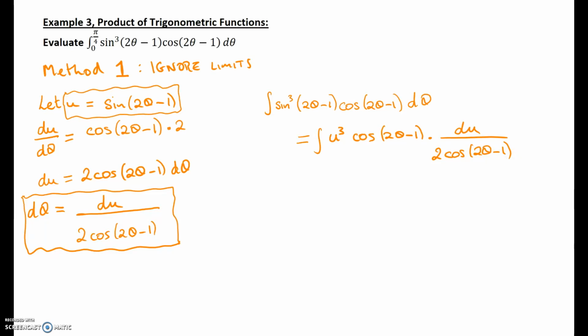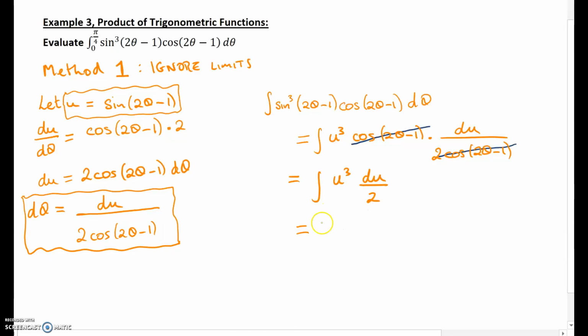Now what happens here, and what has to happen, because if it doesn't, we're going to have thetas and u's together, which we simply can't divide, is that the cosine 2 theta minus 1 will cancel, and you're going to have the integral of u cubed du over 2. So we're back to a power term. These very often break down into power terms.